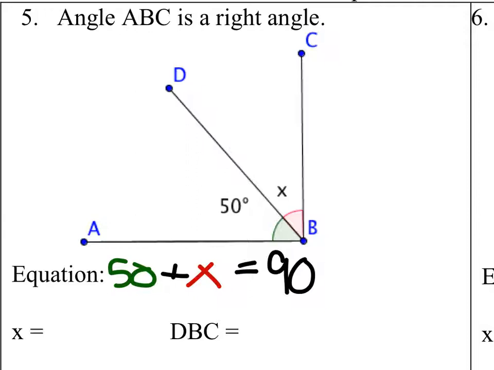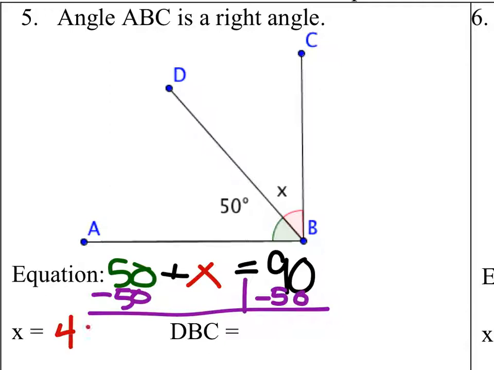So if we solve for x, we would subtract 50 from both sides, right? And that would tell me that x is 40. We'll say 40 degrees.